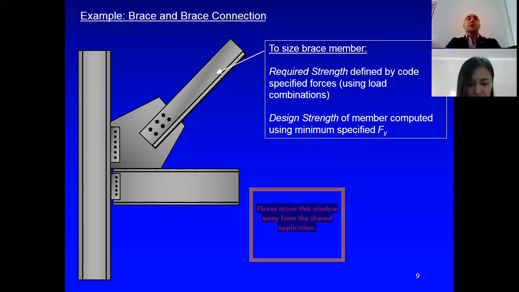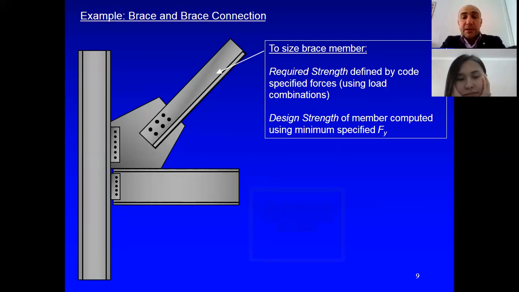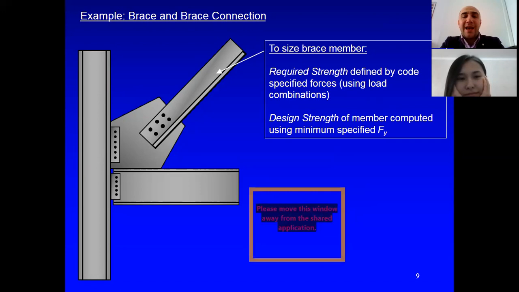So the required strength of the brace is determined from the calculation, from the analysis, typically the inelastic analysis of the frame using the code specified, using the Euro norms, where I showed the load combinations.